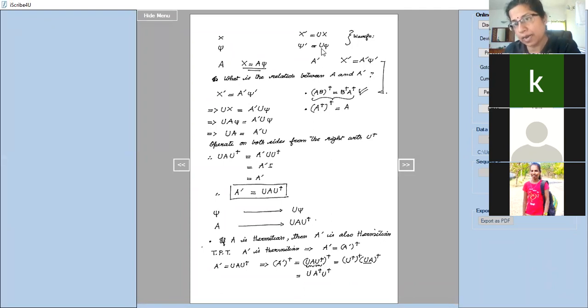But what do we know about A? A is Hermitian, correct? If A is Hermitian, it means that A is equal to A dagger. So thereby we can write it as U A U dagger. But what is U A U dagger? It is nothing but A prime. So therefore, A prime dagger is equal to A prime, which implies A prime is Hermitian.